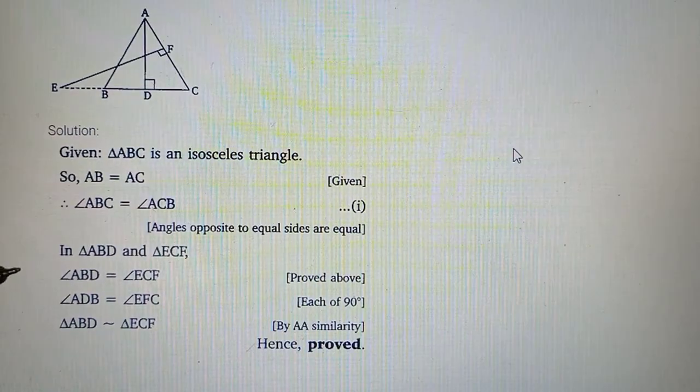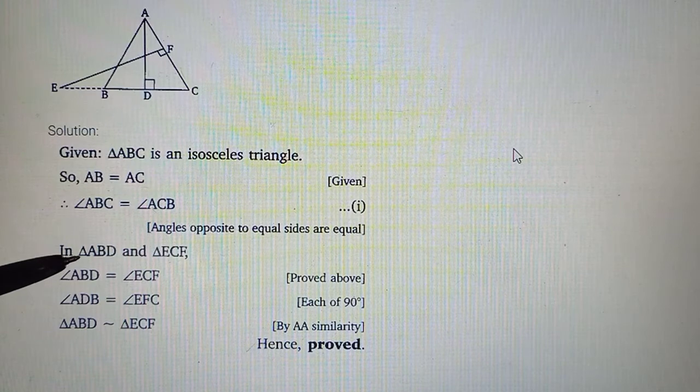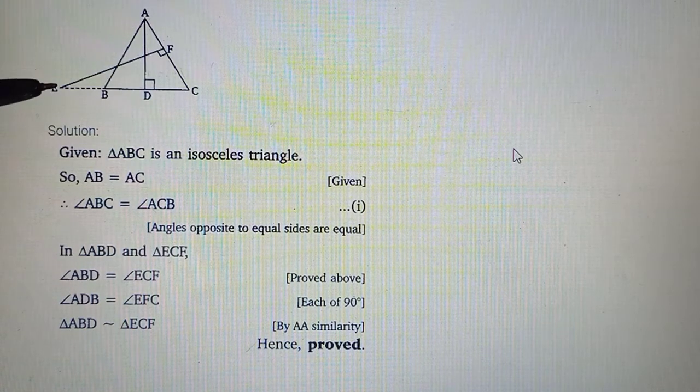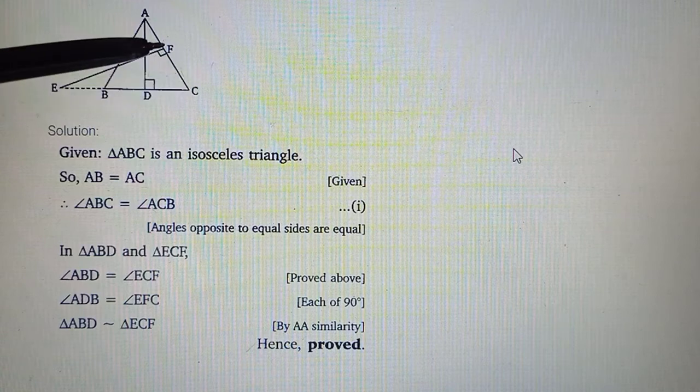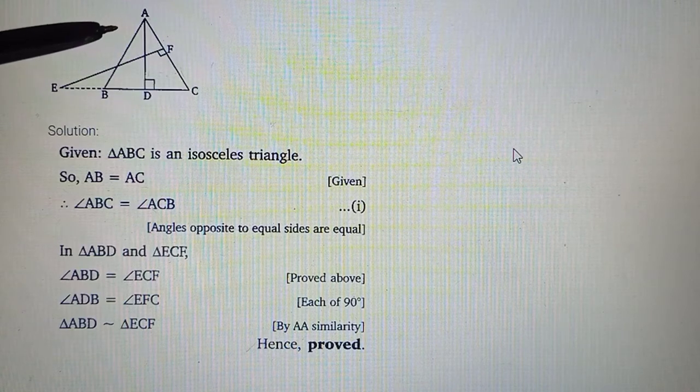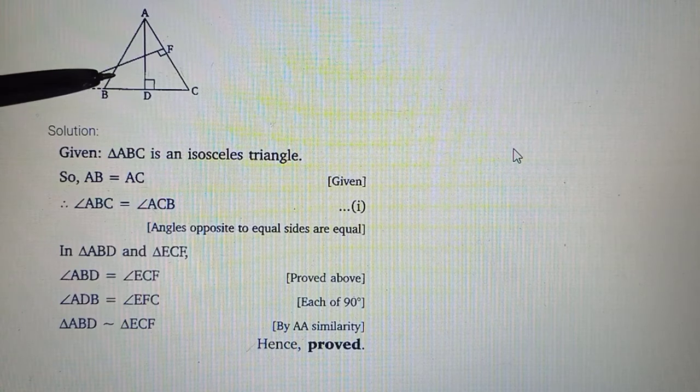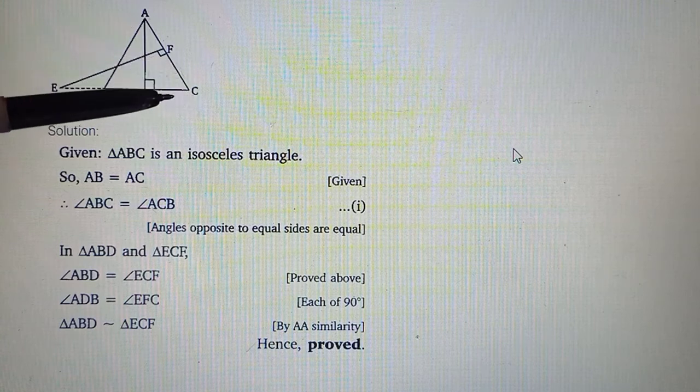Okay, so how would you say that? Now if you consider triangle ABD, that you had to prove, ABD, focus on that, and ECF. So what are we observing? These base angles, angle ABD of the first triangle ABD will be equal to angle ECF of the other triangle.